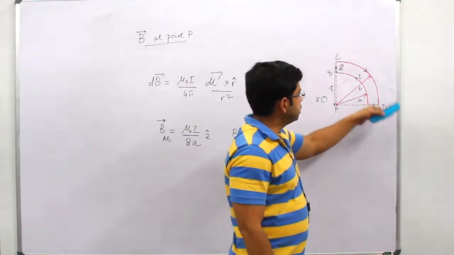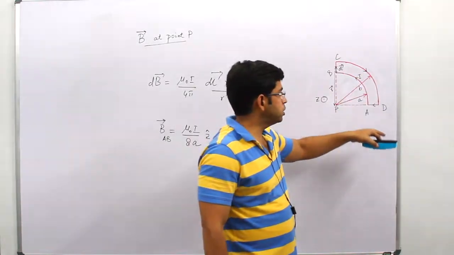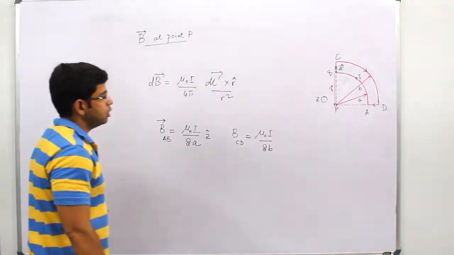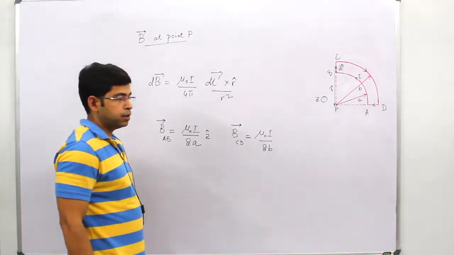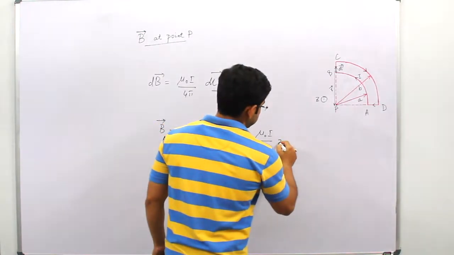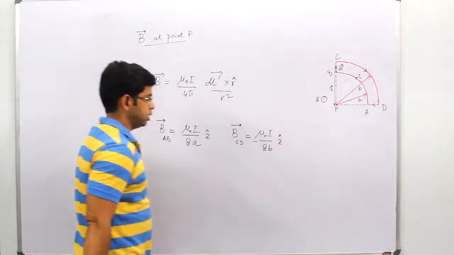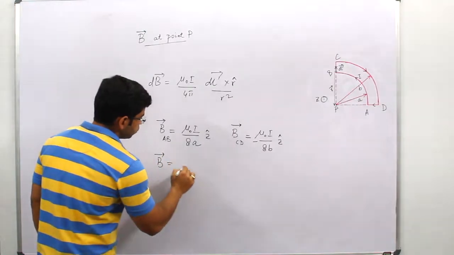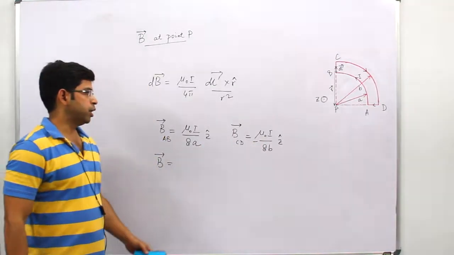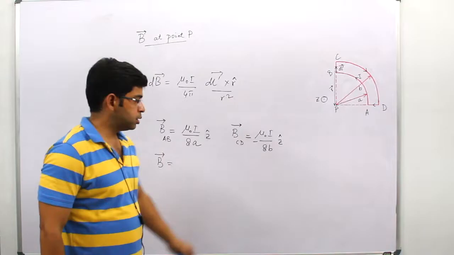Again for the arm CD, the current being clockwise and applying the right hand screw rule again, we will find that this field B of CD will be directed towards the negative z axis. So we will include a negative sign here. So the net magnetic field B by the principle of superposition will be just the vector sum of these two quantities.